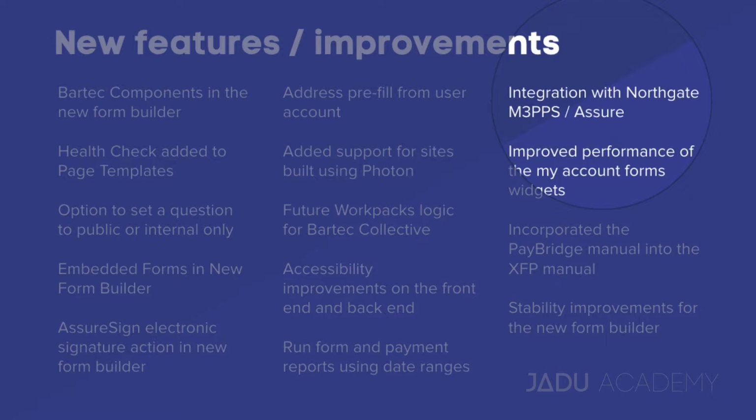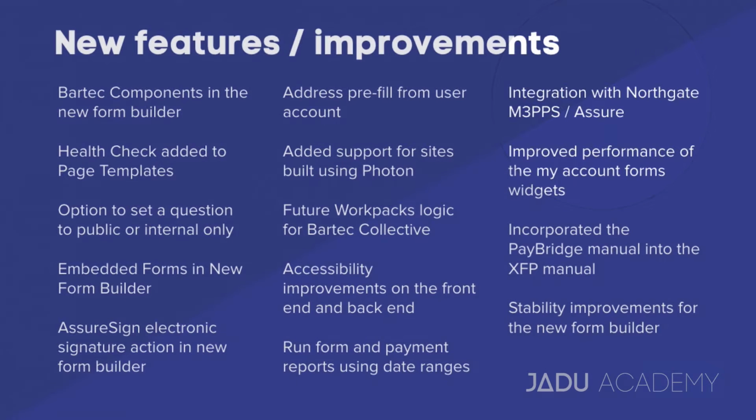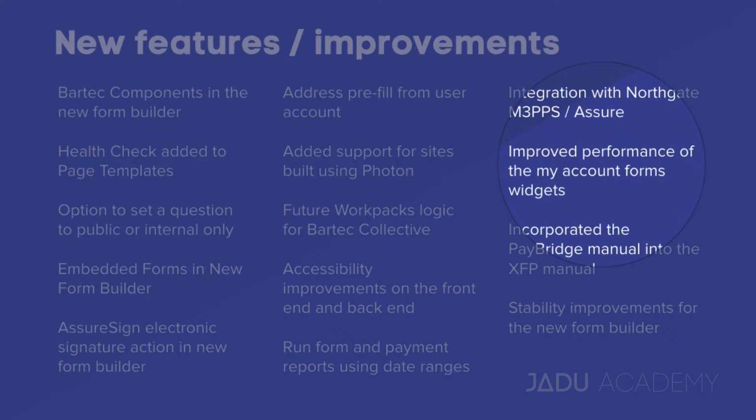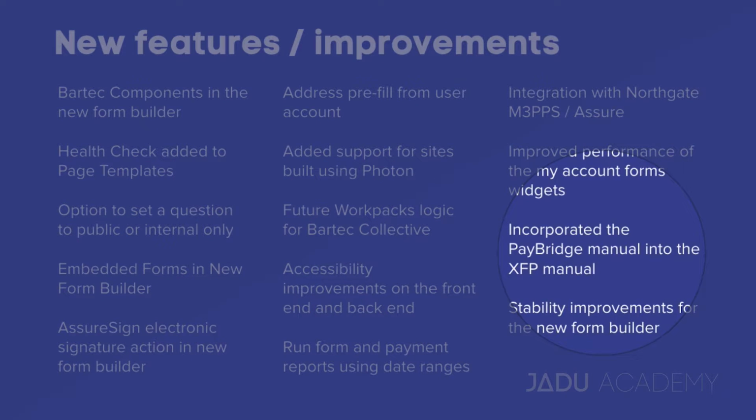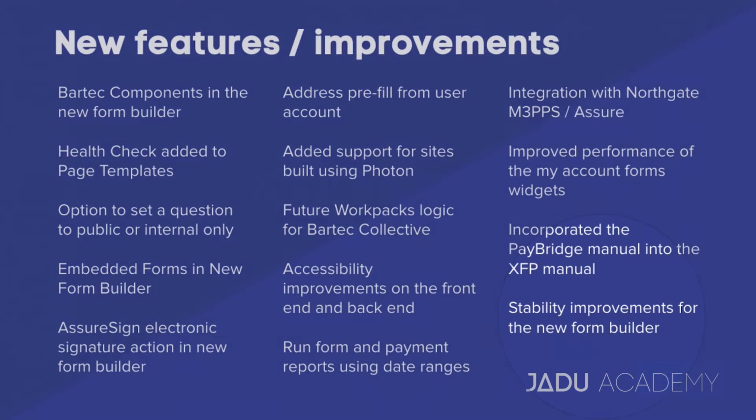So these are assets at a property, so whether it's a registered collection, what type of bin it's got, you can pull that information into your form and make decisions based on it. And we've done some performance improvements, updated the manuals, and general stability improvements in the new form builder. So that's probably since the last update, which I gave in July, so that's what we've been doing for the last 5 or 6 months.